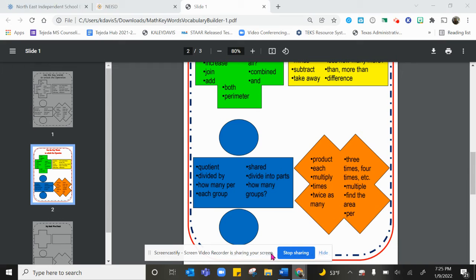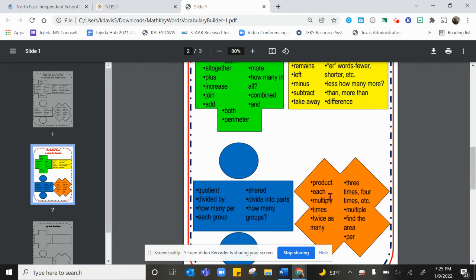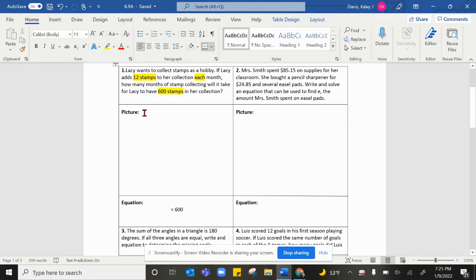If I go back and look at this, I'm going to see the word each underneath multiplication. That tells me that I'm going to have to multiply 12 and the each together. Now, do we know what number each represents? In this case, it's talking about the months, but it's not specific in how many months. So this is where that variable is going to come in.